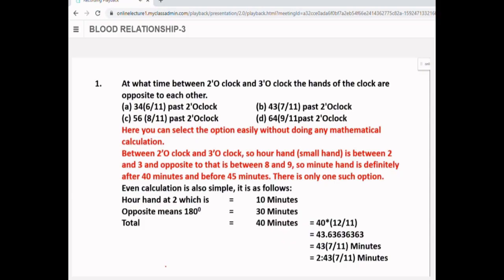You have to remember 4 steps. Number 1, hour hand calculation. It's on 2, so 10 minutes. Opposite means 180 degree. 180 degree is 30. Add this to 40 and always multiply by 12 upon 11. The total will be multiplied by 12 upon 11.